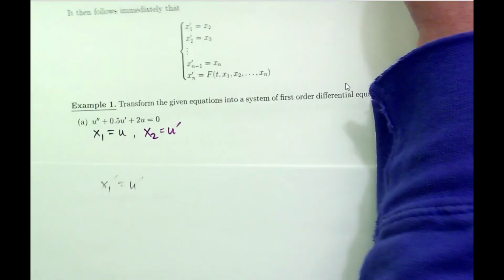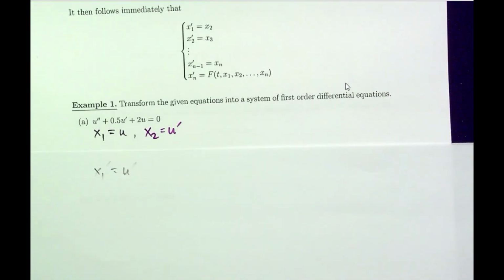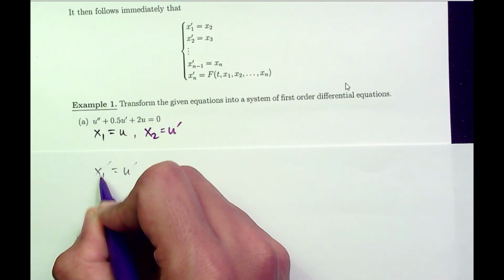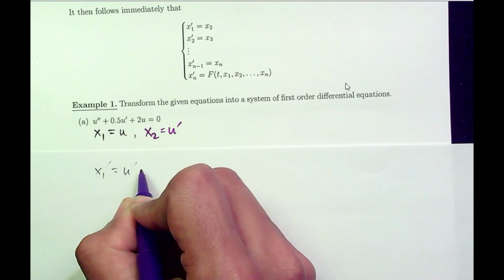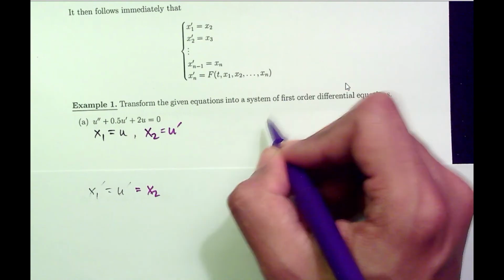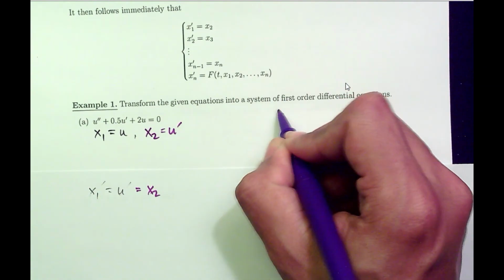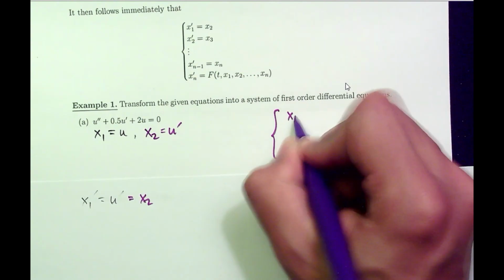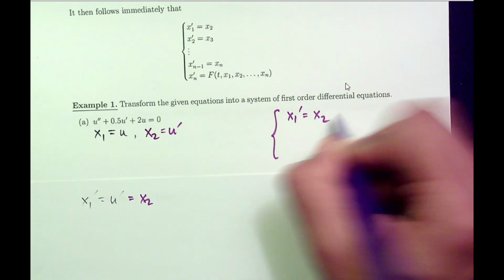Then, to write the system, you take the derivative of that one, x1 prime equals u prime, but u prime is x2. So there you have your first equation in the system. My first equation is going to be x1 prime equals x2.